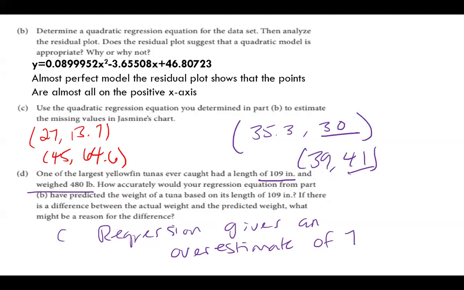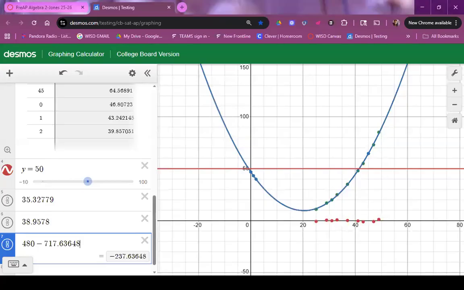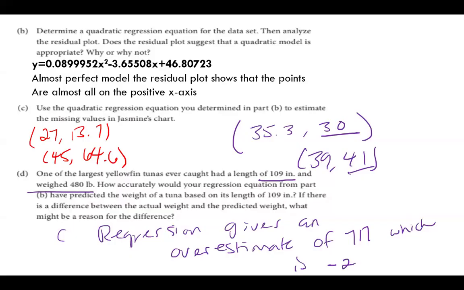Of 717, which is negative 200... 237.6. The negative's not necessary. More than actual.